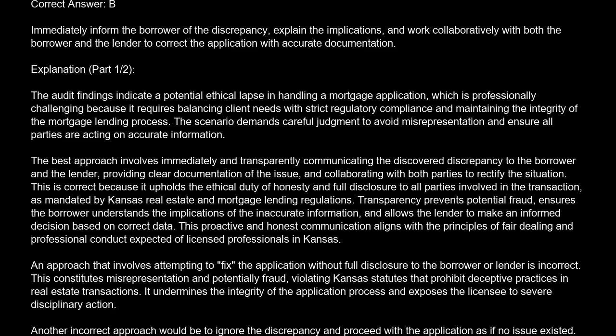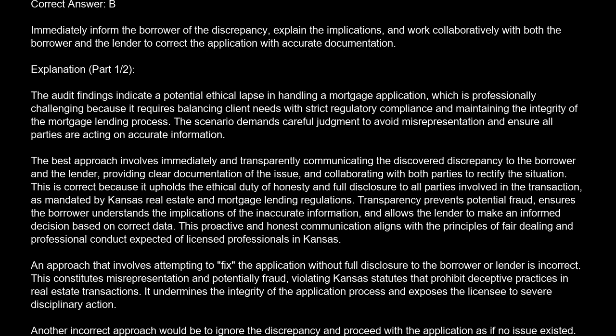The best approach involves immediately and transparently communicating the discovered discrepancy to the borrower and the lender, providing clear documentation of the issue, and collaborating with both parties to rectify the situation. This is correct because it upholds the ethical duty of honesty and full disclosure to all parties involved in the transaction, as mandated by Kansas real estate and mortgage lending regulations.